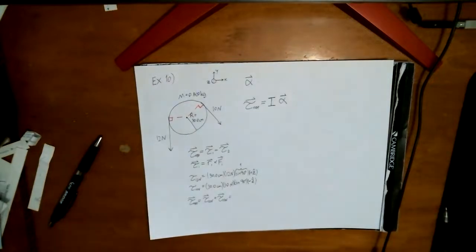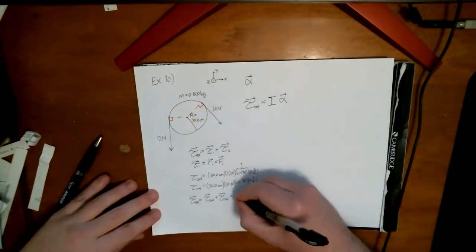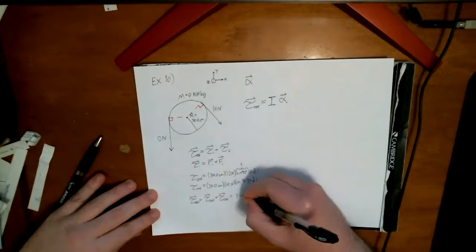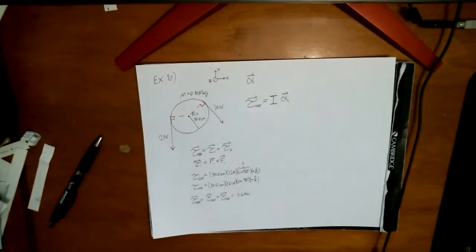And we now punch these into our calculator. So you've got 30 centimeters times 12 newtons, which will give us 3.6 Newton meters from the 12 Newton torque.